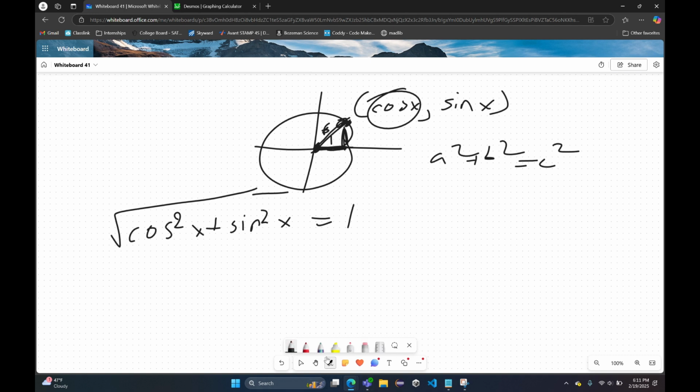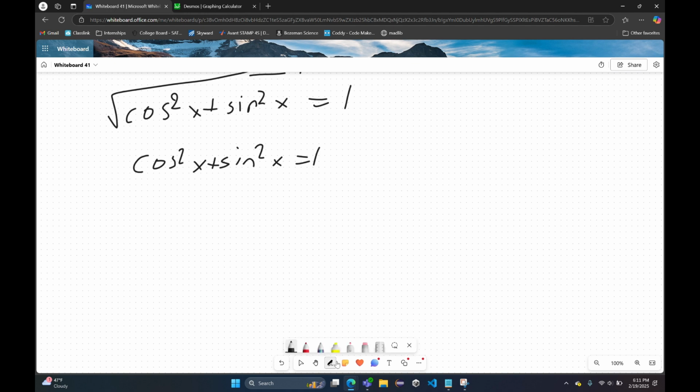Now from here, we can square both sides, and we get cosine squared x plus sine squared x equals 1, because 1 squared is just 1. This is our main Pythagorean identity.